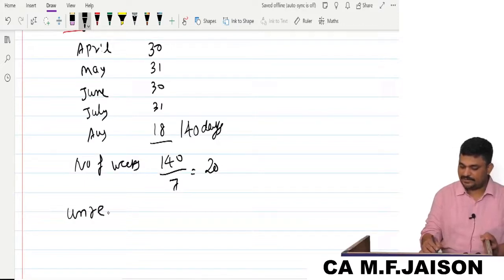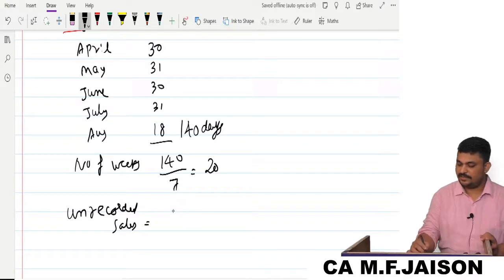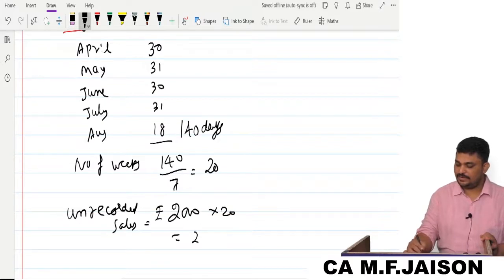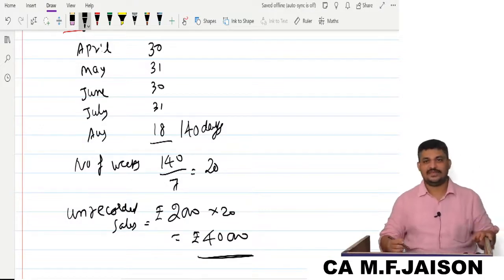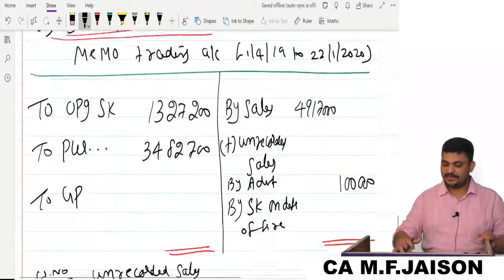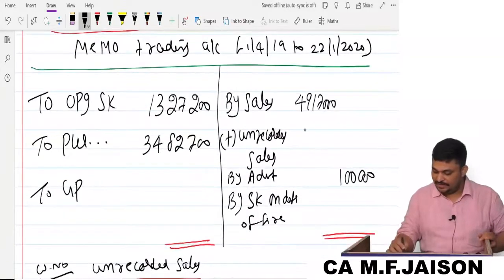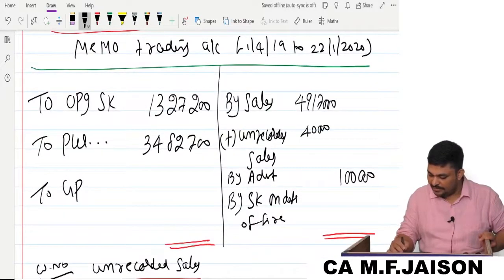So in that case, default, unrecorded sales, which is 2000 into 20 is equal to rupees 40,000 is the unrecorded sale. This is the cash defaulted, this is the unrecorded sales also. We are more concerned with the sales unrecorded, which is 40,000.